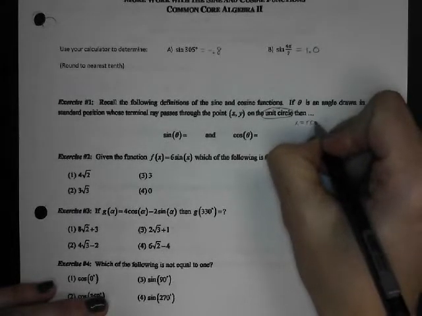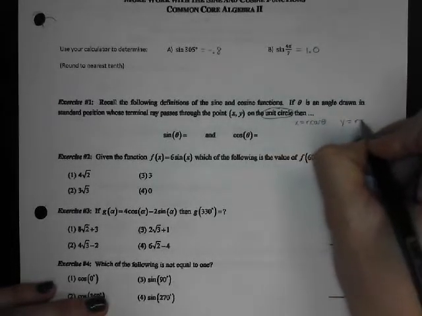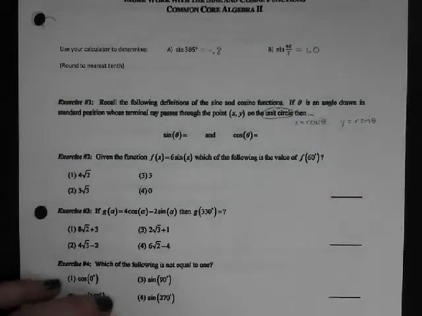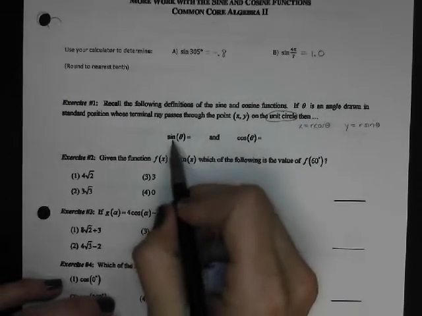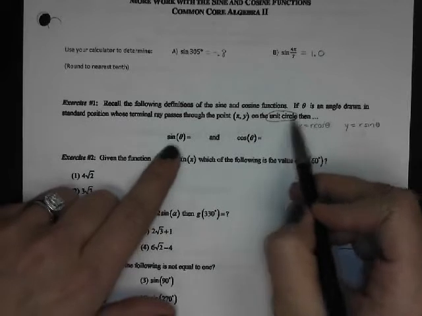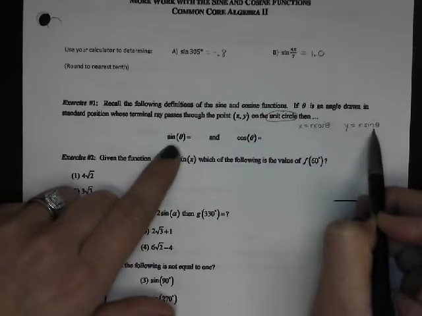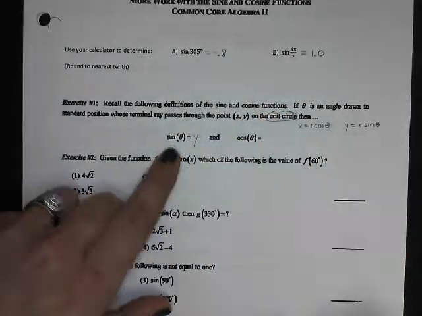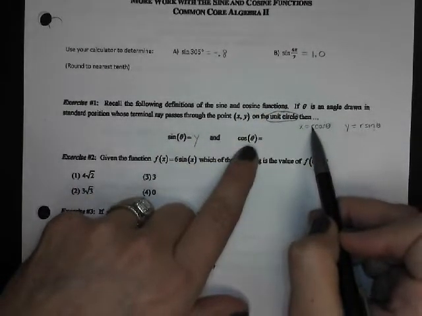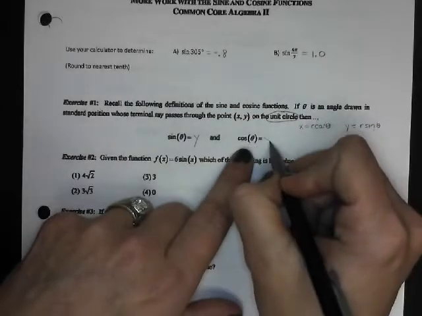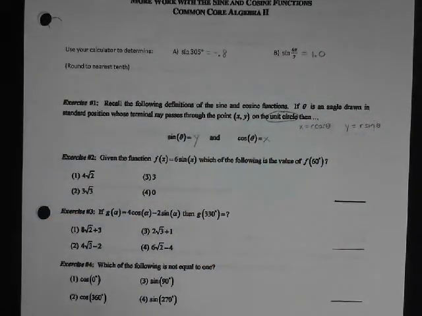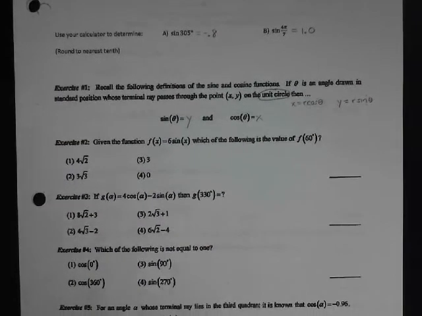X is r cosine theta, and y is r sine theta. So your sine theta, because we're in the unit circle, r is 1, so sine theta just equals y. And cosine theta, since r is 1, cosine theta just equals the x-coordinate. Just a little recall there.